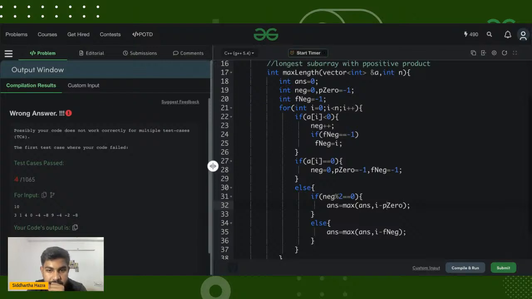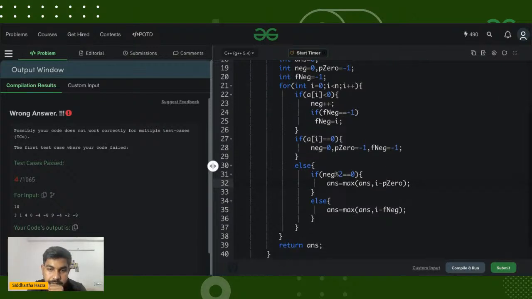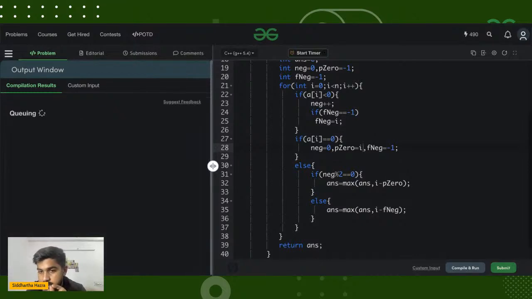If it is negative, negative plus plus, f negative is equal to i. If it is equal to 0, then at this point previous 0 is equal to i. This is the first time we are seeing the zero. We would update this also, and this should be done.